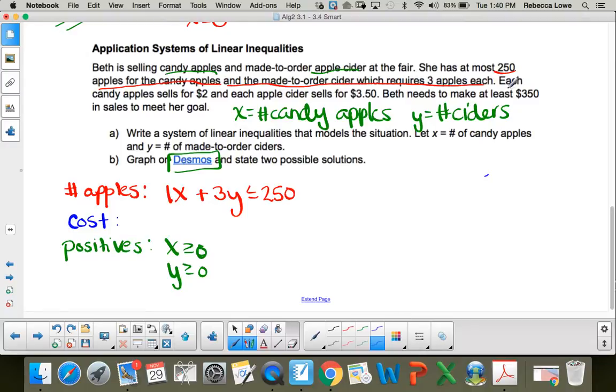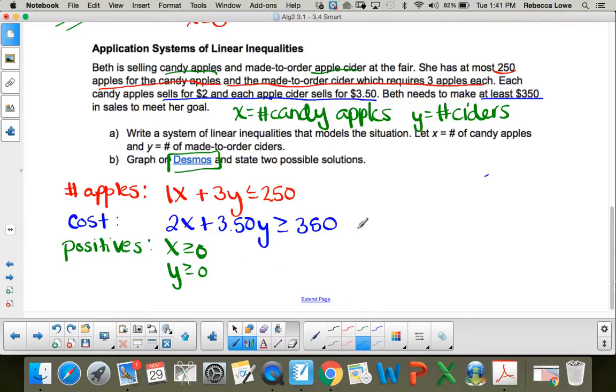So that's one of our constraints, her number of apples. The next sentence says, each candy apple sells for $2 and each cider for $3.50. She needs to make at least $350. So there is our second constraint. She makes $2 for every candy apple, $3.50 for every cider, and she needs to make at least, that's greater than or equal to, $350. Now, she has to sell a positive number of candy apples and a positive number of ciders.